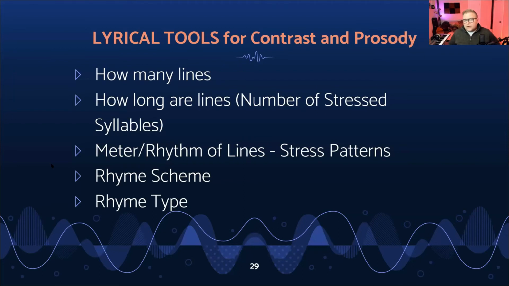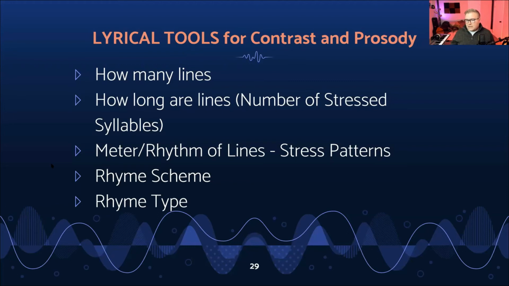Have you ever heard a song where the topic sounds like it should be sad, the music kind of sounds sad, but there's something that just doesn't sound sad? Part of the reason is a lot of times that songwriter used an even number of lines. So it sounds too stable for the topic.